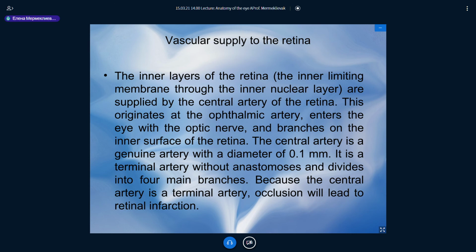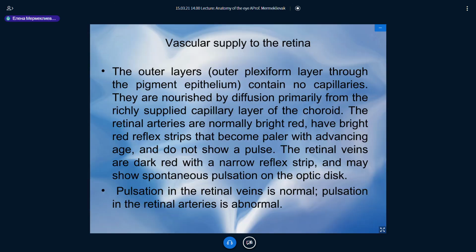The central artery is a genuine artery with a diameter of 0.1 millimeter. It is a terminal artery without anastomosis and divides into 4 main branches. Because the central artery is a terminal artery, occlusion will lead to retinal infarction.